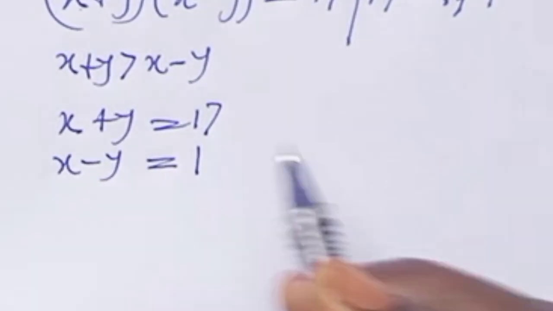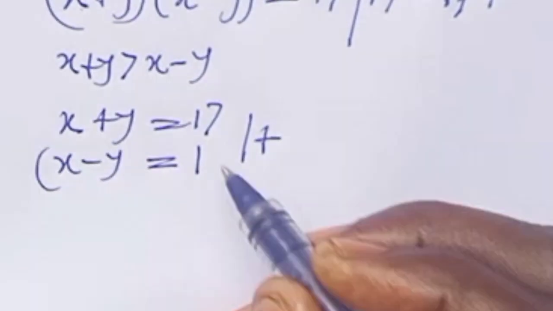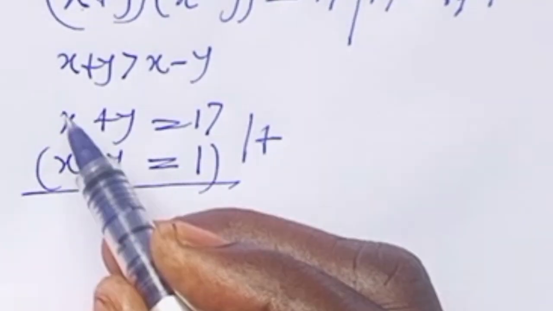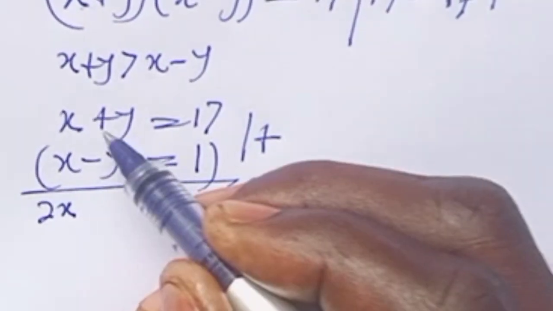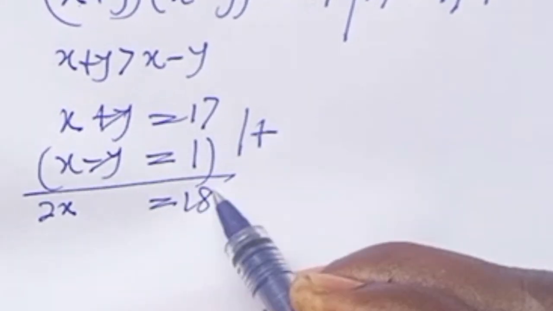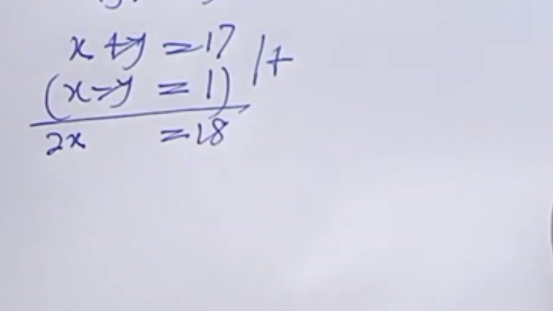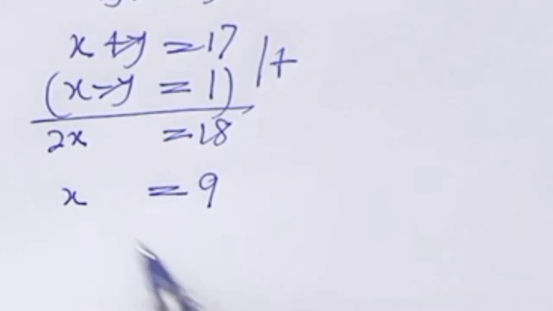So to solve this simultaneously, we are going to add the two equations so that x plus x will be equal to 2x, and y will cancel out. 17 plus 1, that will be 18. From here, x is equal to 9.